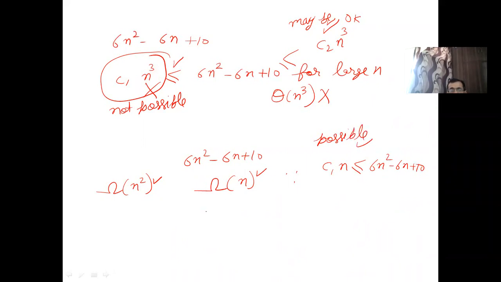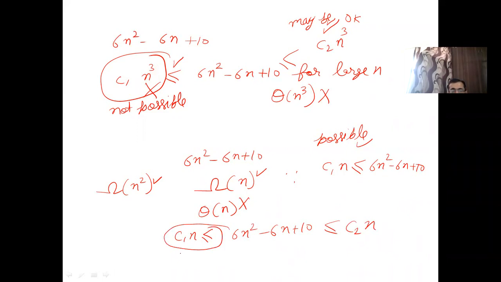But theta of n will be incorrect, because theta of n means I should be able to satisfy it from both sides. Now, this side still possible, but this side will be impossible. So, if I claim this to have a theta of n, it will be incorrect.